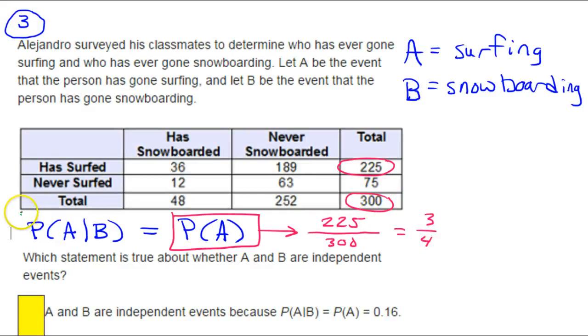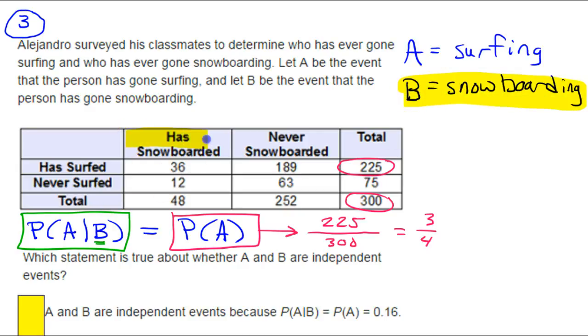All right, now let's calculate the probability of A given B. Given B means that B is the new universe. So we're only looking at the universe of snowboarding.